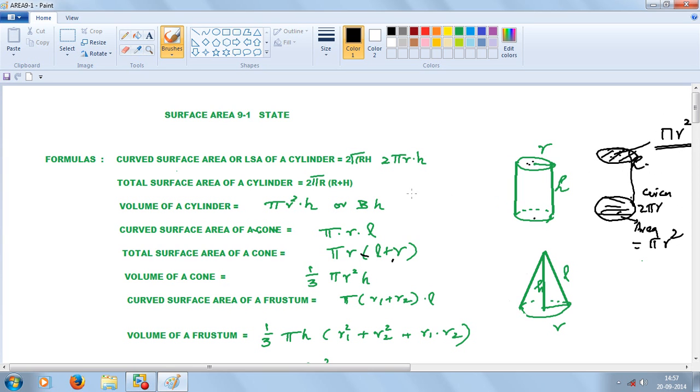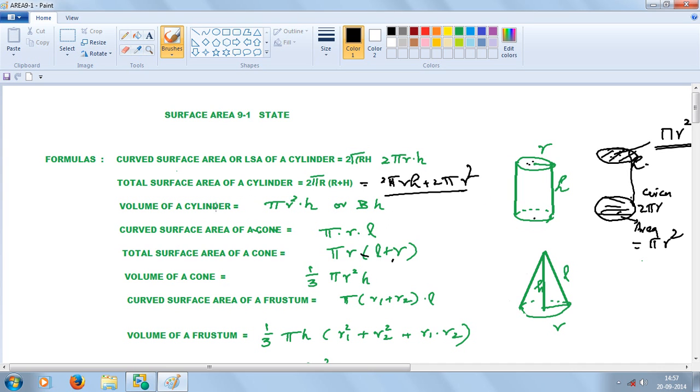That you can remember. So total surface area of a cylinder is 2 pi r into r plus h. Or you can also expand it and write it as 2 pi r h plus 2 pi r square. You can remember this way also.